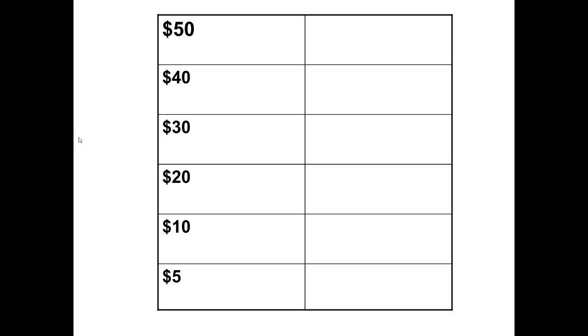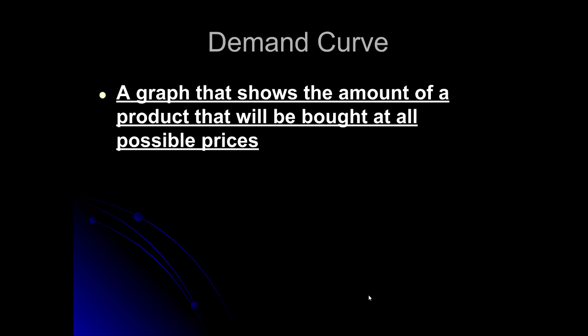I'd recommend putting something like 1 here, put a 1 here, 5, 8, 12, 15, and 25. This will give you a nice line. We're eventually going to plot this onto a graph, and it shows how people are more willing to buy things when there's a lower cost.